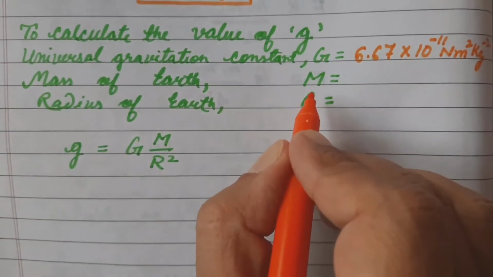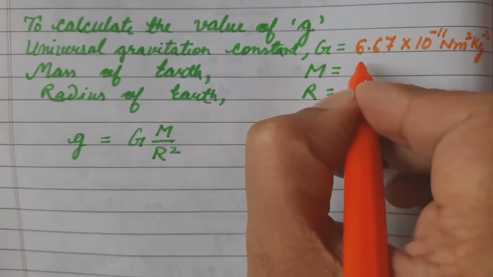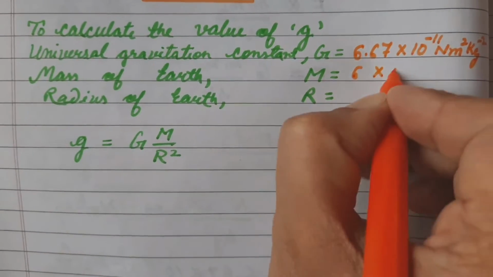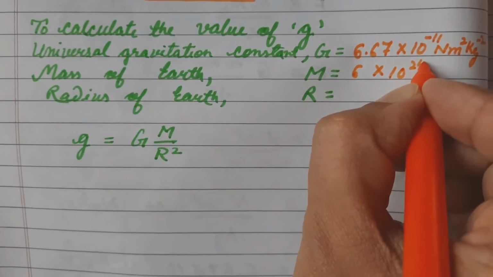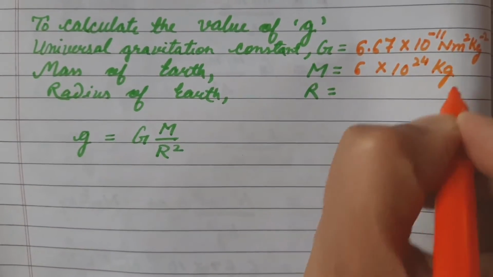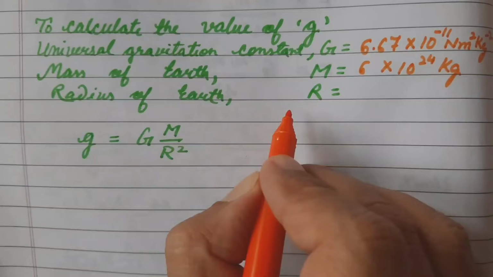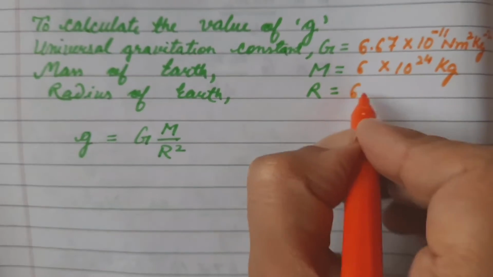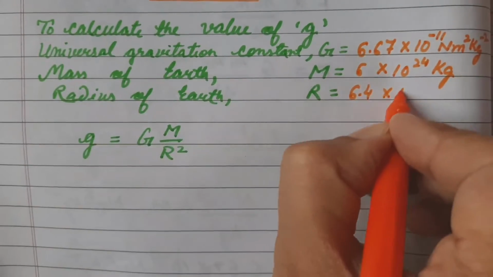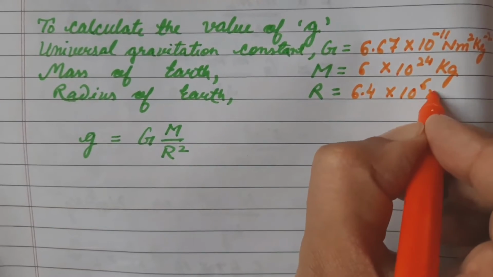Mass of the earth, represented by capital M, is 6 into 10 to power 24 kg. Radius of the earth, R, is 6.4 into 10 raised to power 6 meter.